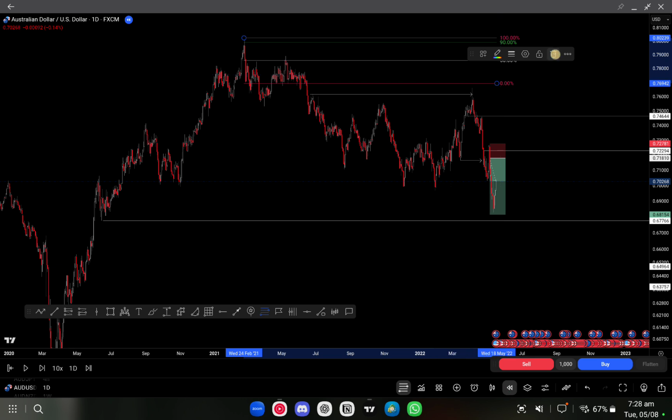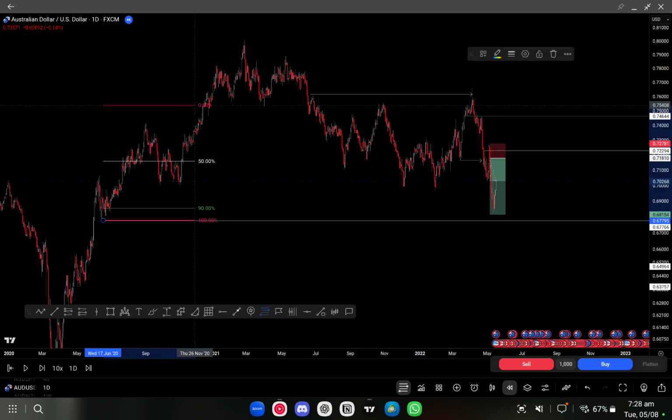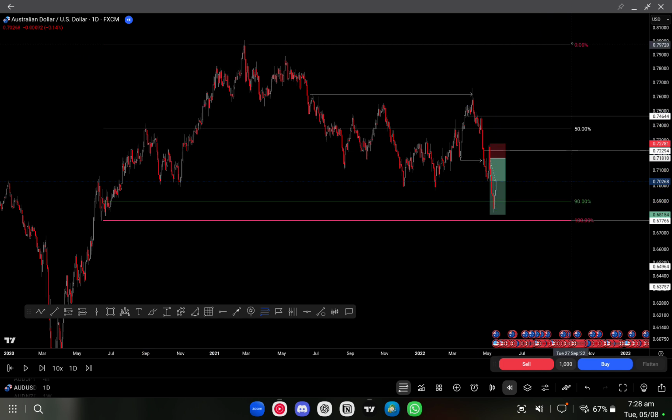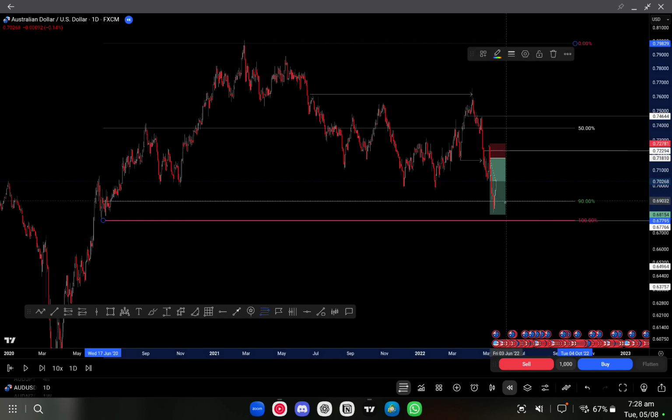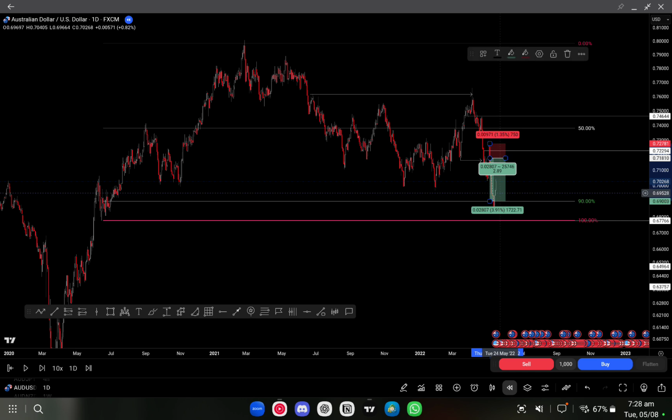Let's just mark up this move and see if we've tapped into 90% of this range already. Yeah, we have. So for that case there, I'm not going to be holding on to this trade. Like the 90% is pretty much, it's time to move for me.